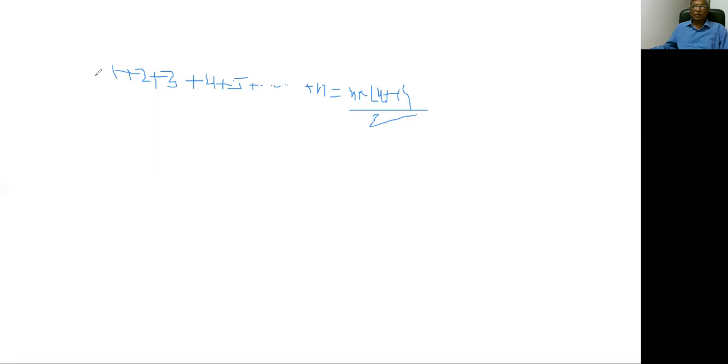So students, you are observing that I have written 1 plus 2 plus 3 plus 4 plus 5 plus dot dot n is equal to n into (n plus 1) by 2.